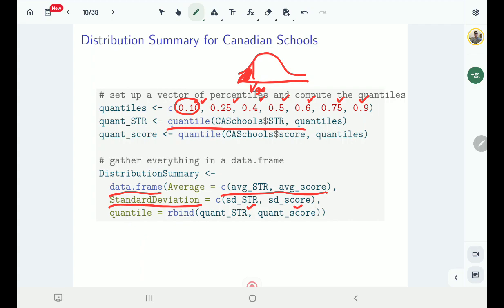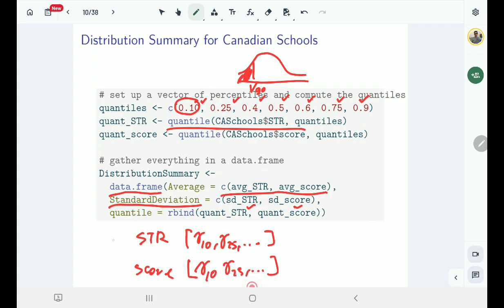And for quantiles, when you say rbind, that stands for row bind. So you put row vectors together, right? You have the 10th percent quantile, 25th percent quantile, and so on and so forth. Okay, this is for the STR variable, and then the same goes for score. So let's say, using the same notation, gamma 10, gamma 25, and so on.